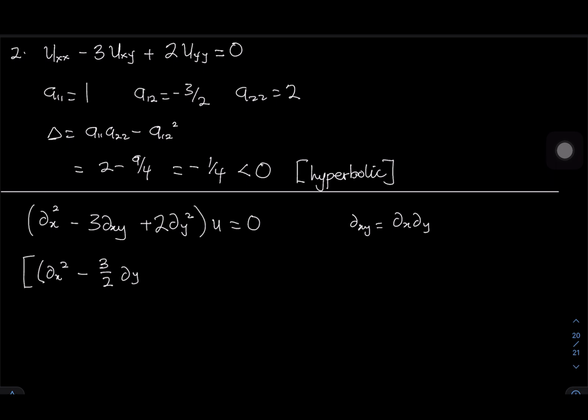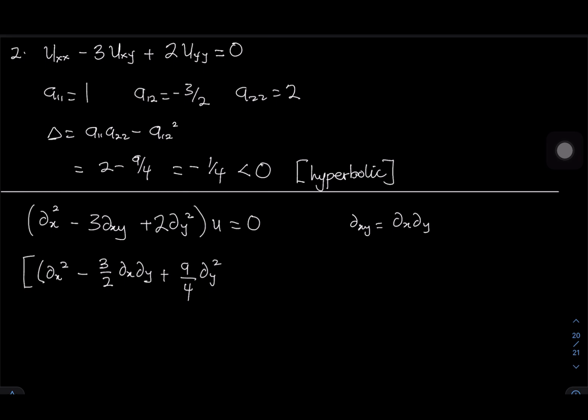So the half value of the coefficient of del x is 3 over 2 del y, and that is still multiplied by del x, so we still have del x del y. Then plus the square of the half value of the coefficient of del x, which is 9 over 4 del y squared.